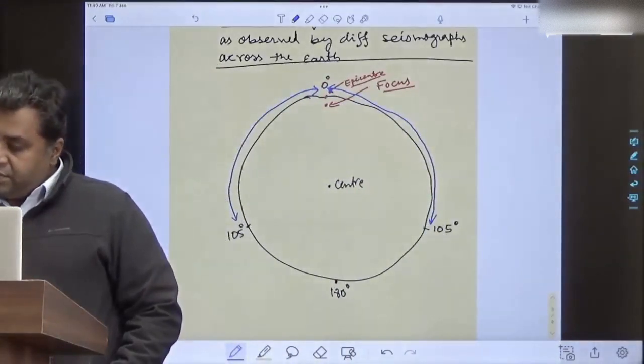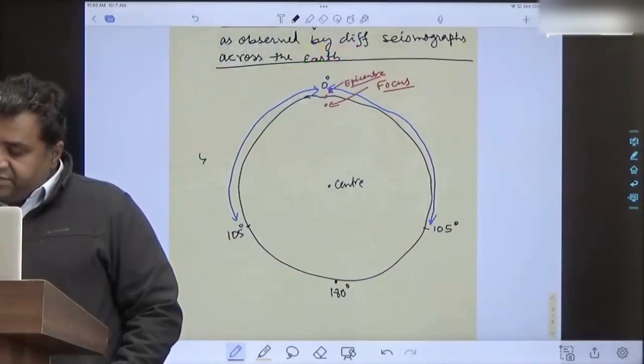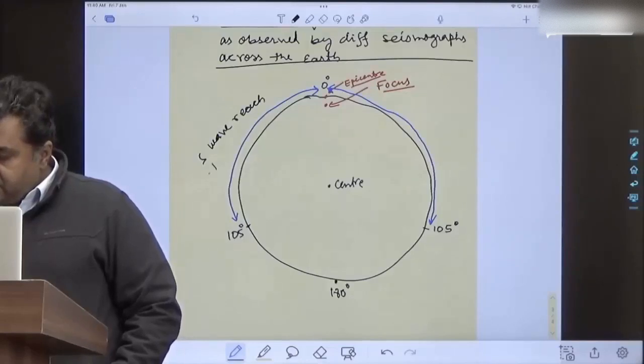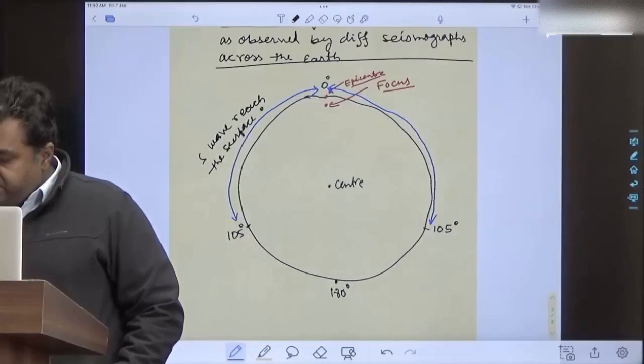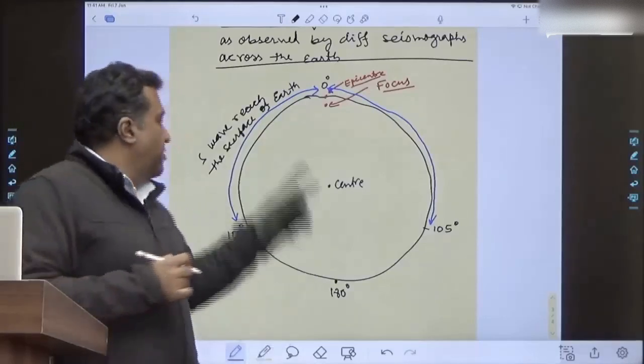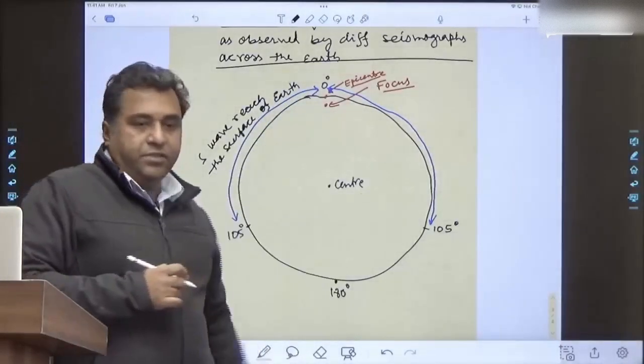So S waves reach the surface of earth from 0 degree to 105 degrees in all directions.